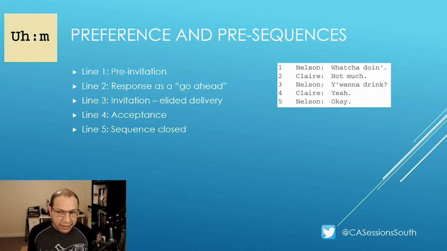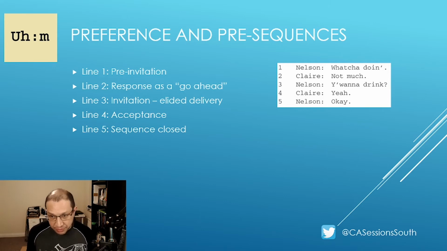Now, while this is a fairly straightforward response, it does more than provide a conditionally relevant second pair part. This can also serve as a go-ahead for the focal action. And this allows Nelson to initiate this as an invitation. And this arrives on line 3.